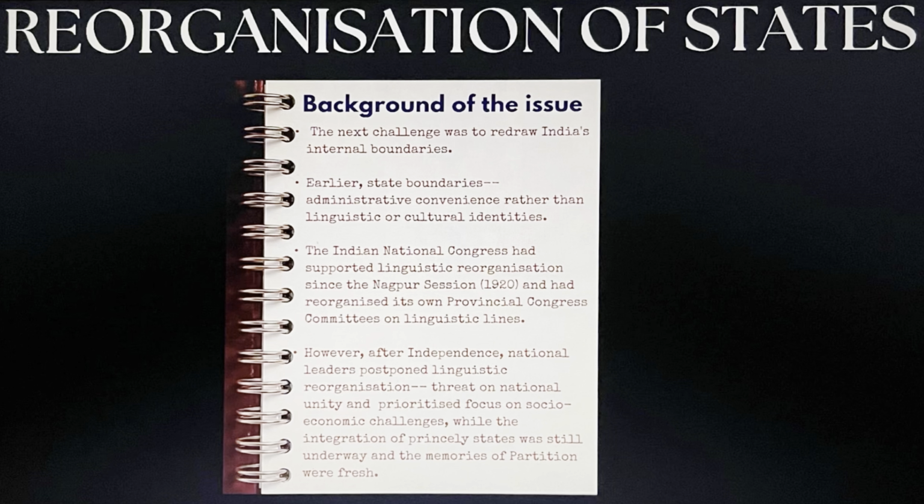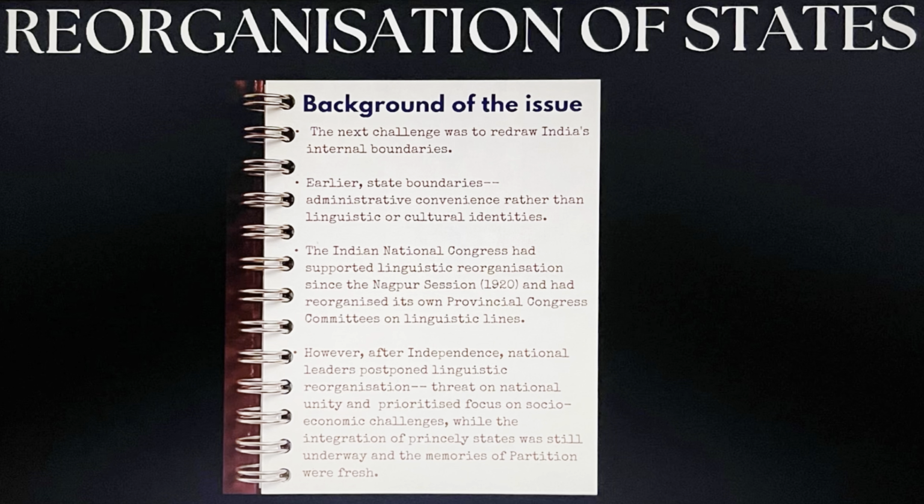So the Indian National Congress had supported this linguistic reorganization since the Nagpur session. In several meetings of the Congress, one meeting was held in Nagpur in 1920. They had decided that once the nation gets independent, we will have a linguistic reorganization, a linguistic redrawing of boundaries.